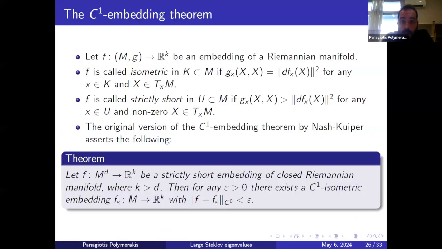Okay, so let's recall the standard version of the C1 embedding theorem for manifolds. So let F be an embedding of a Riemannian manifold into Euclidean space.